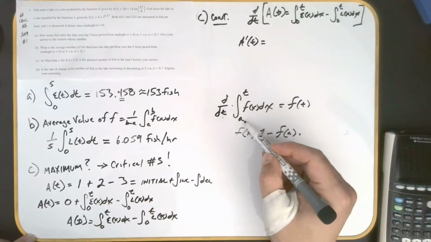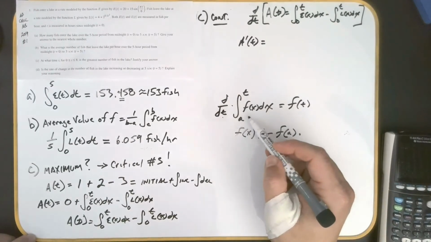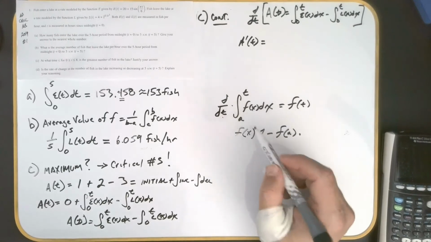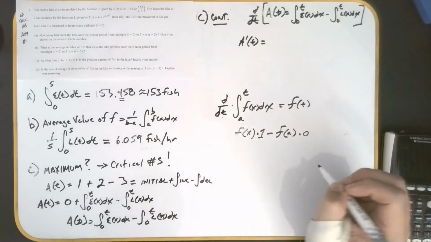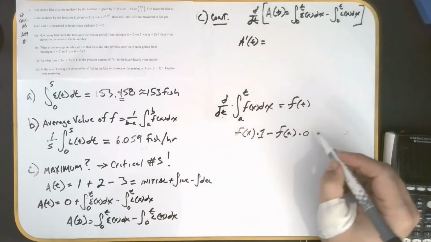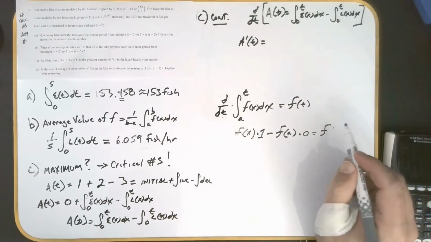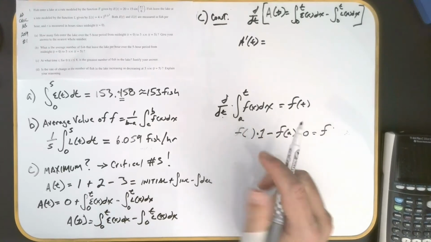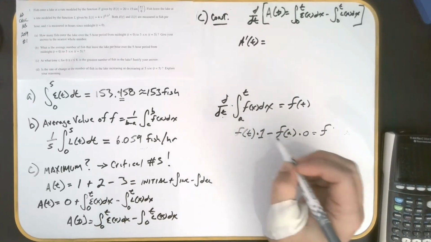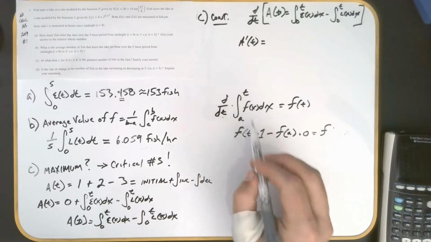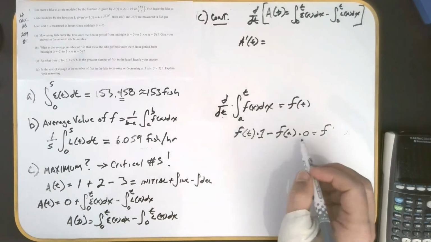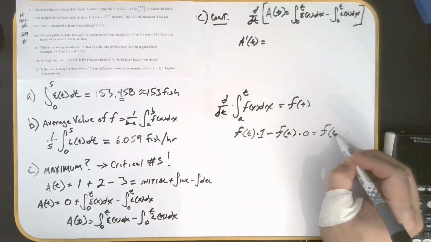Well, a is a constant in this case. This is not a variable. In fact, you could put a 0 there if you wanted, but the derivative of that constant is 0. Sorry, I should have put t in here, I wrote x. This is f of t times the derivative of t, which is 1, minus f of a times the derivative of a, which is 0. And sure enough, you get f of t.